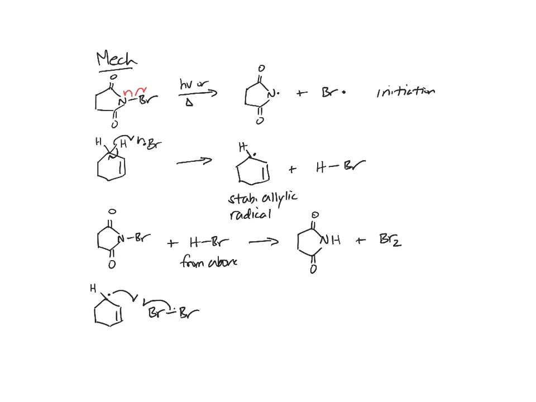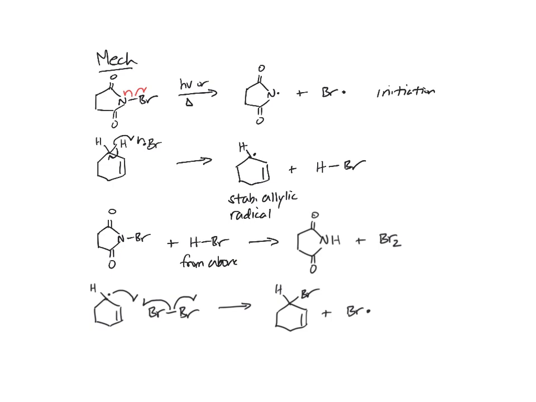One electron goes with one bromine, one goes with the other. When that occurs, there's my double bond. And here's my H. Now I have a new carbon-bromine bond. And I have a bromine radical, which then cycles back in through propagation step 1.